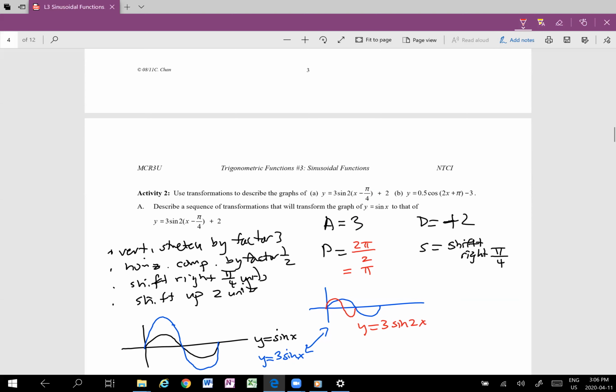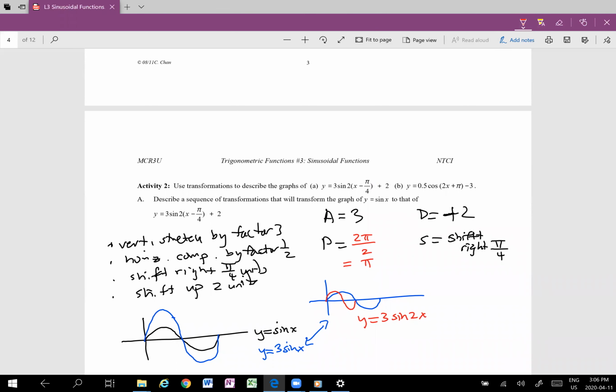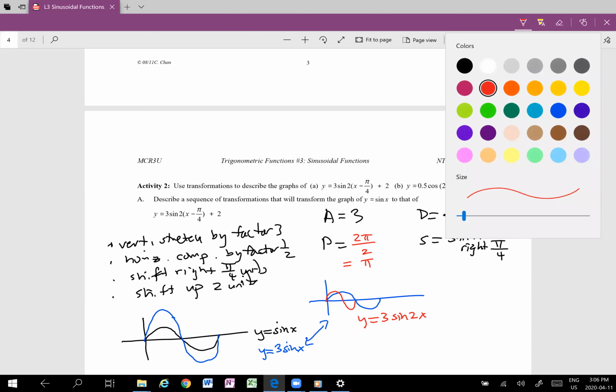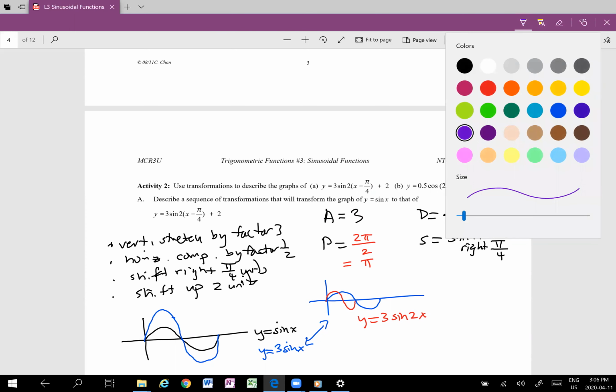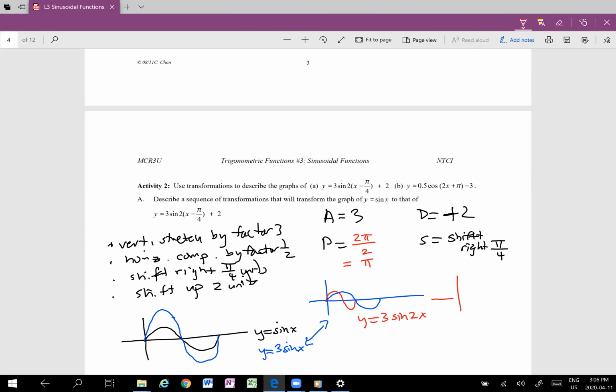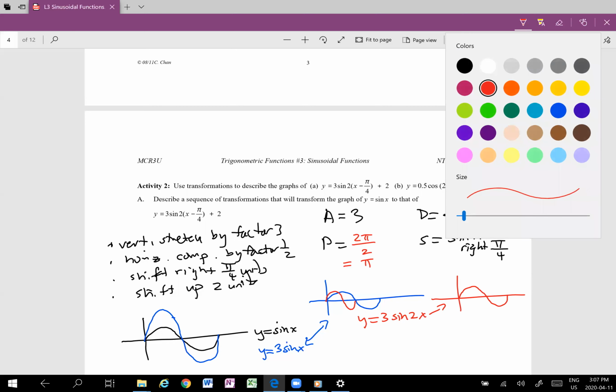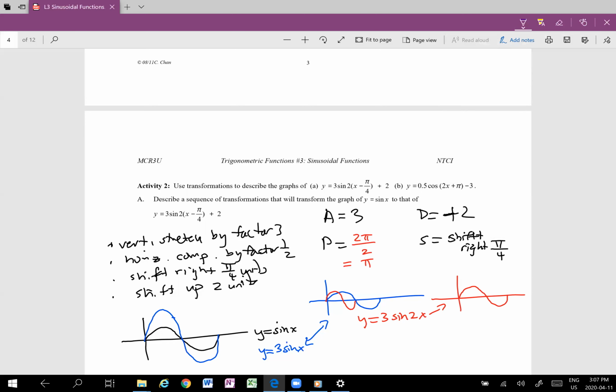And then I think we used purple. To shift right pi over 4 units. So let's just draw that red graph again so you can see the reference. And again, these two are the same. So the purple is going to be shifting right.